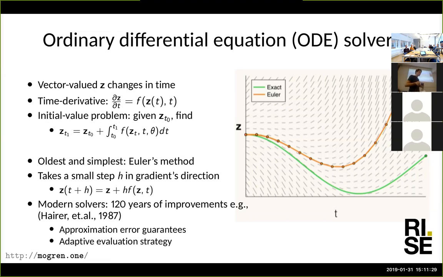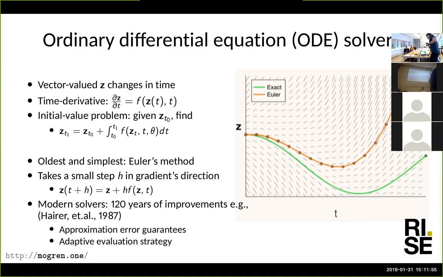So, for example, Hairer et al. 1987 propose more sophisticated methods for solving these ordinary differential equations, where you can have error guarantees, and which adapt the evaluation points of the function dynamically while evaluating the function.